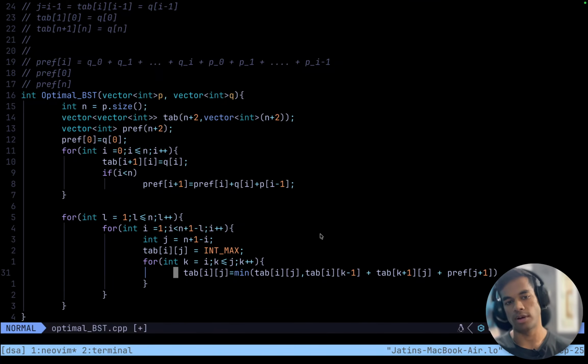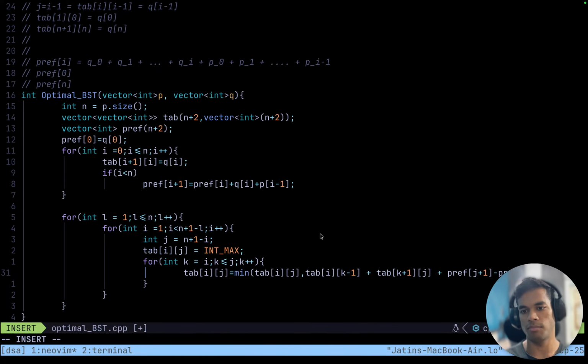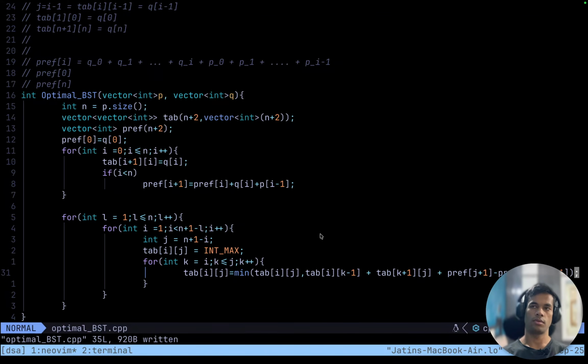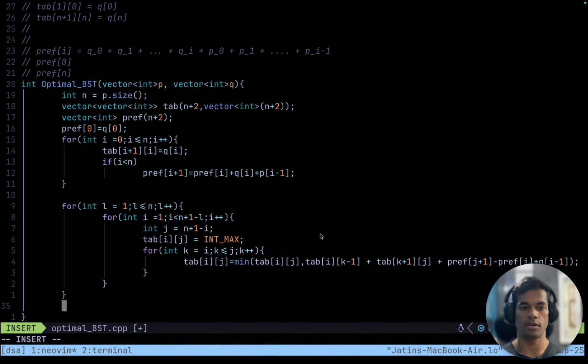Yes, j plus 1 is fine, minus prefix I using the first I nodes, yes, plus q I minus 1. Yes. That is cool. That seems to be correct.